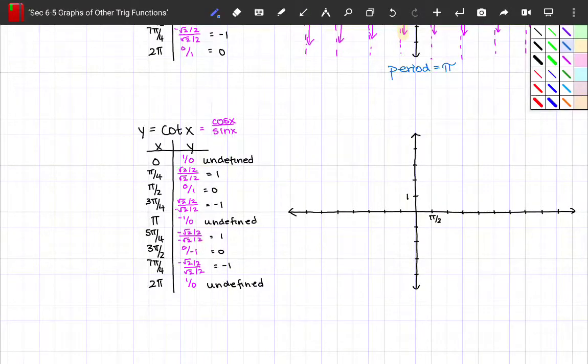So I'm going to go ahead and just plot all this stuff. Starting at x equals 0, we actually have our first asymptote. So the y-axis is an asymptote. And then we have one at pi, and then we have one at 2 pi, and we can see how they're being evenly spaced apart here.